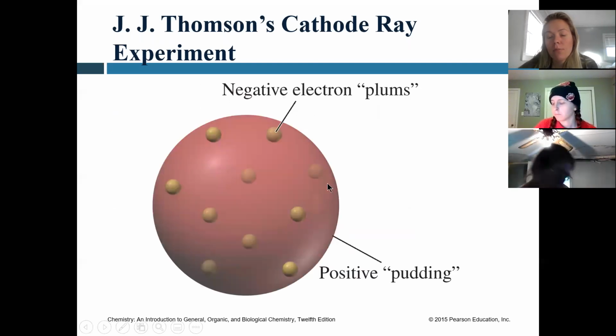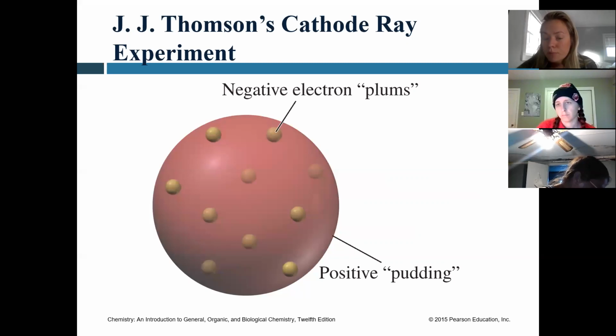Here's the plum pudding model. He thought that instead of the atom being a hard, solid ball, it is made up of tiny little electrons that have a negative charge, and then there's a positive pudding, or a cloud of positivity, that is counteracting the negative charge. Because in general, unless we're looking at an ion, atoms have a neutral charge.